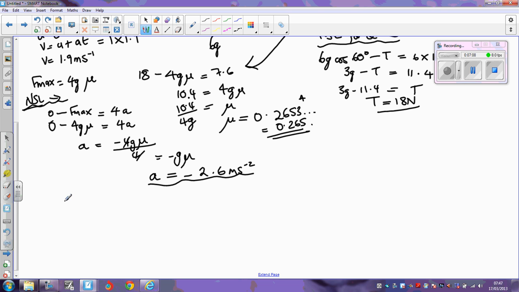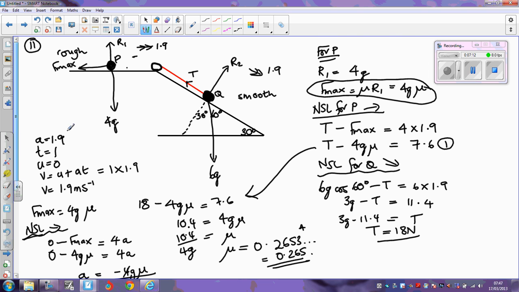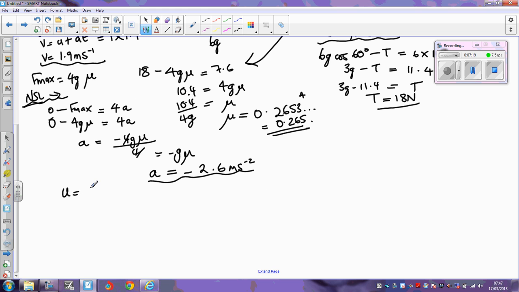So let's have a look at that subsequent motion. We worked out the final velocity of P when the string broke. That's now going to become the initial velocity, because we're looking at the second part of the motion. So u is 1.9. We're told to look at the distance when P comes to rest, so v will be 0. a is minus 2.6, and we want to find the displacement. So I'm going to use v squared equals u squared plus 2as.